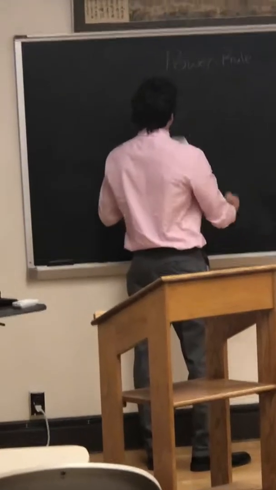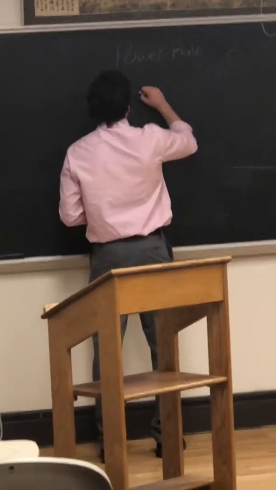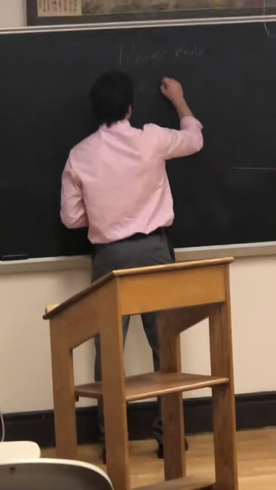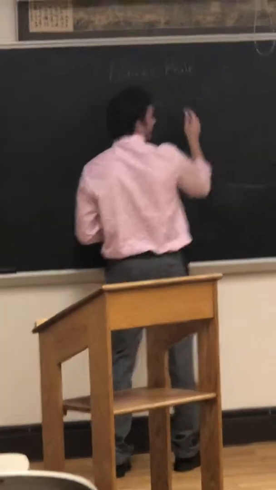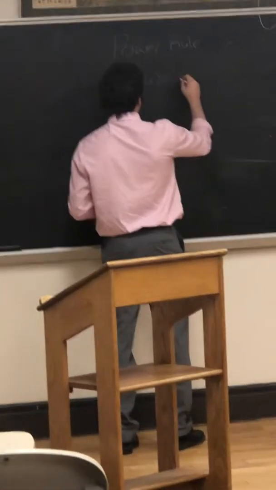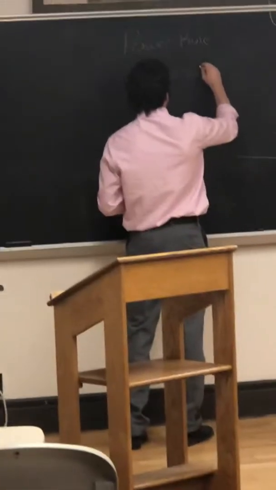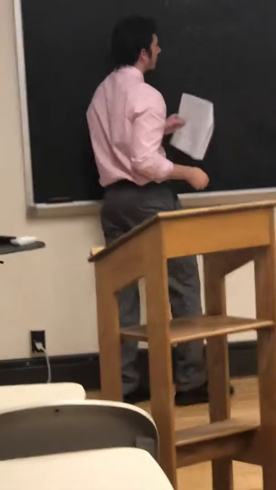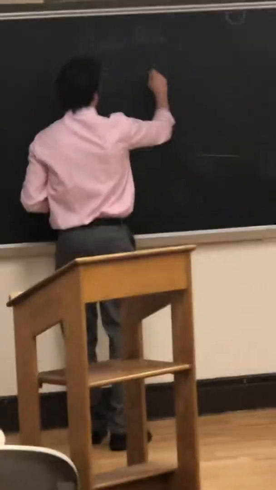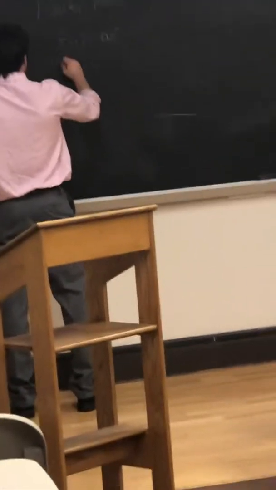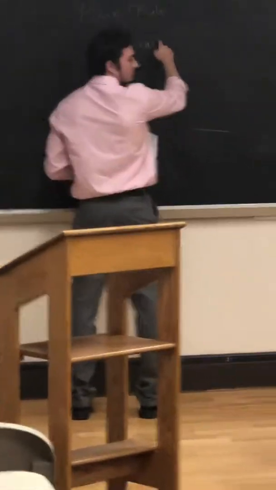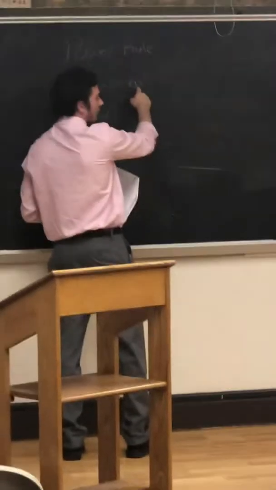So, for instance, the power rule states that for every f of x, if we're looking to take the derivative of the original function, and we have an original function a times x to the nth power, then for the derivative, using the power rule, we're going to multiply the exponent out in front with our coefficient.